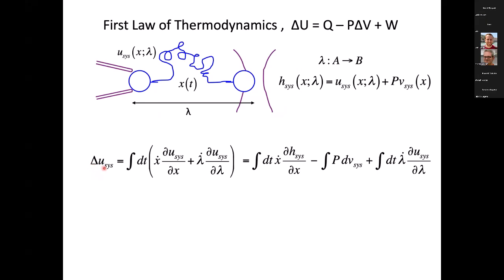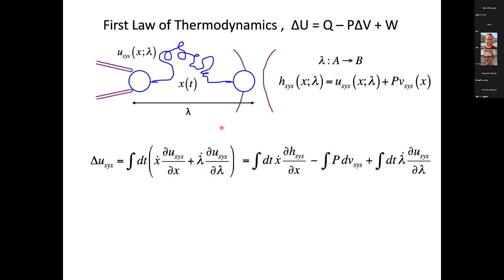So if I let delta U_sys denote the net change in this internal energy from the initial time to the final time, then identically, this is equal to the integral of its total time derivative. So this is the integral dt of x dot dU_sys/dx plus lambda dot dU_sys/d lambda, where the dots here just denote time derivatives.